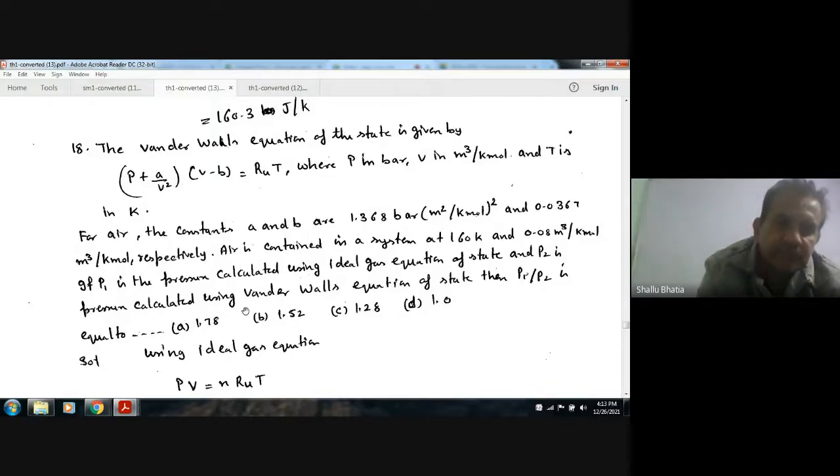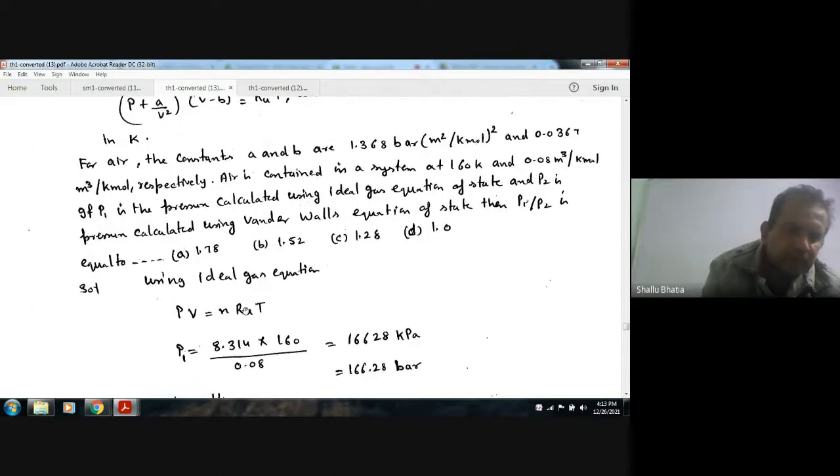Air is contained in a system at 160 Kelvin and 0.08 meter cube per kilomole. If P1 is the pressure calculated using the ideal gas equation of state, and P2 is the pressure calculated using the van der Waals equation of state, then P1 by P2 is equal to: A 1.78, B 1.52, C 1.28, D 1.